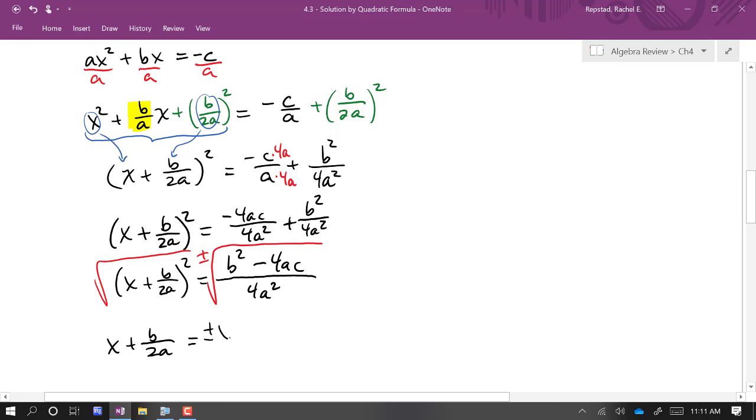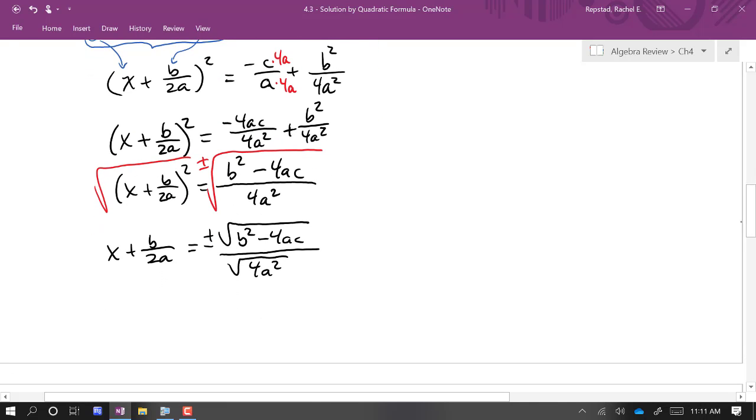And we have plus or minus the square root of b squared minus 4ac over the square root of 4a squared. But we can simplify that radical. We've got a perfect square, a 2 squared and a squared. So we could take out a 2 and an a, and there's just a 1 left inside. The square root of 4a squared simplifies to 2a.